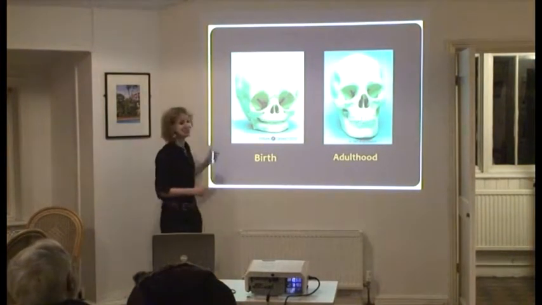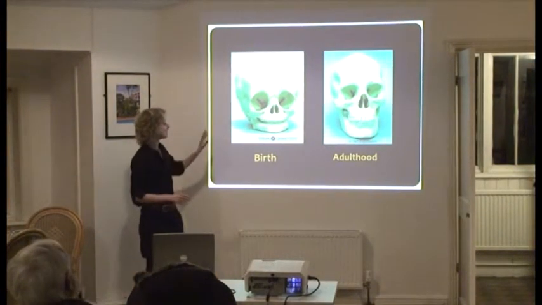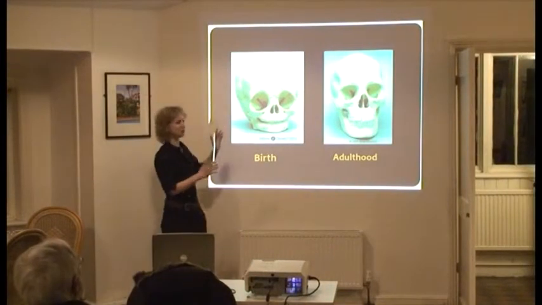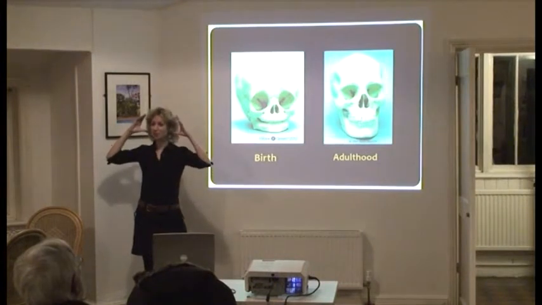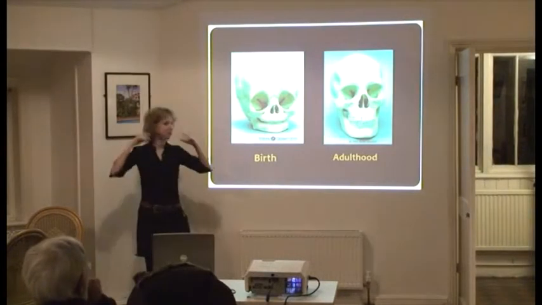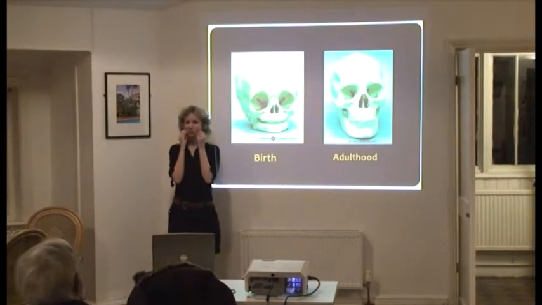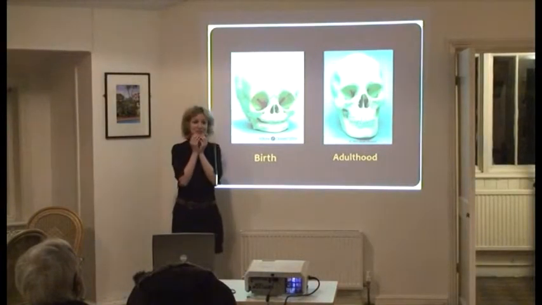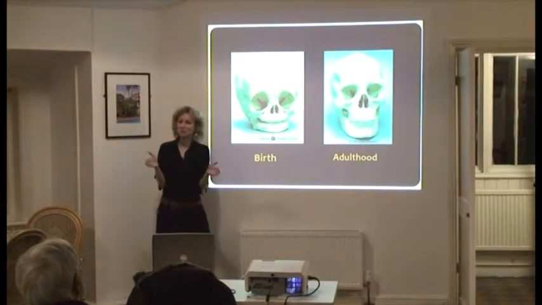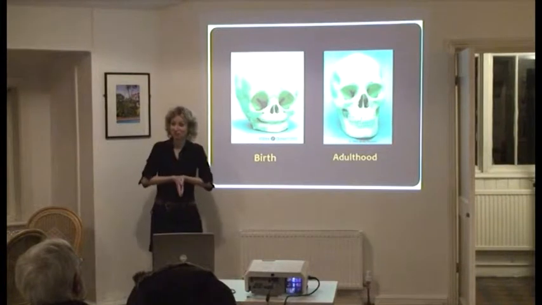Anyway, if we have a look at these two pictures, you can see that in infancy, the infant skull is all about the top half of the head. When an infant's born, the top half is not fully grown, but it's almost there. It's quite big. But the lower half, the jaw, is almost non-existent. It's really, really small. This is probably because the skull needs to be as small as possible for childbirth.